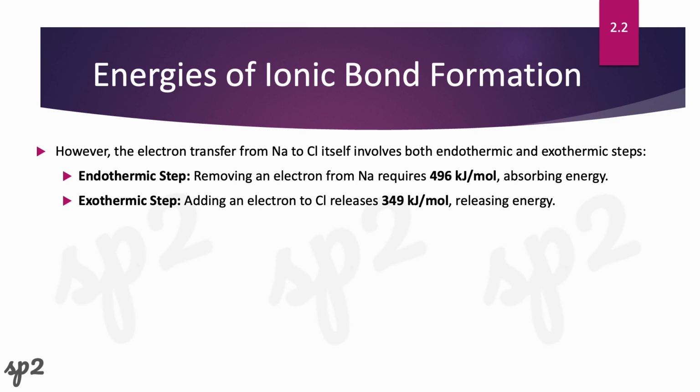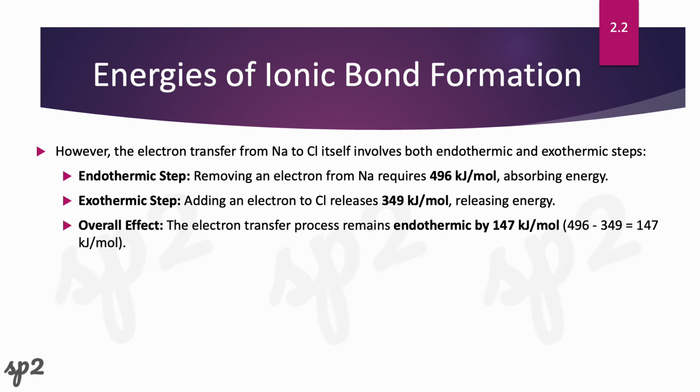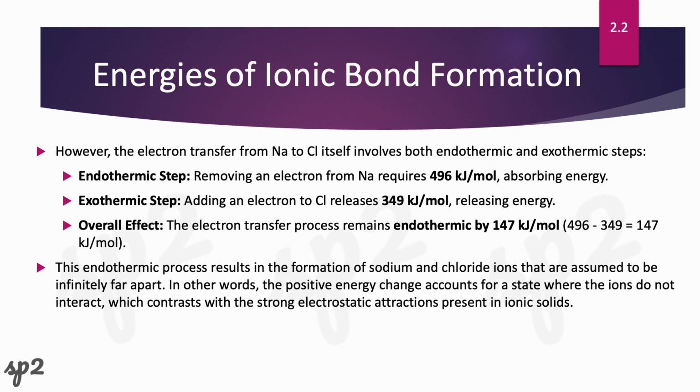And this is going to release about 350 kJ per mole. So if you add these two energies, right, the sum is going to be about 150 kJ per mole, which is a positive energy, right? So it seems that I have an endothermic process when you are adding these two energies, right? And that does not make sense, right? Because we said that the formation of sodium chloride is an exothermic process.